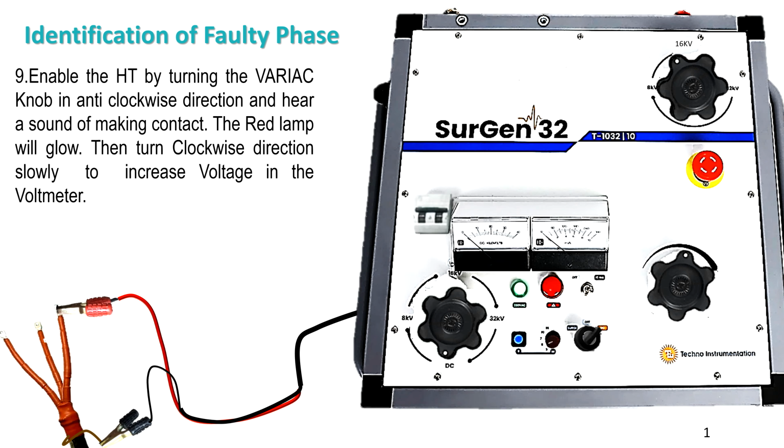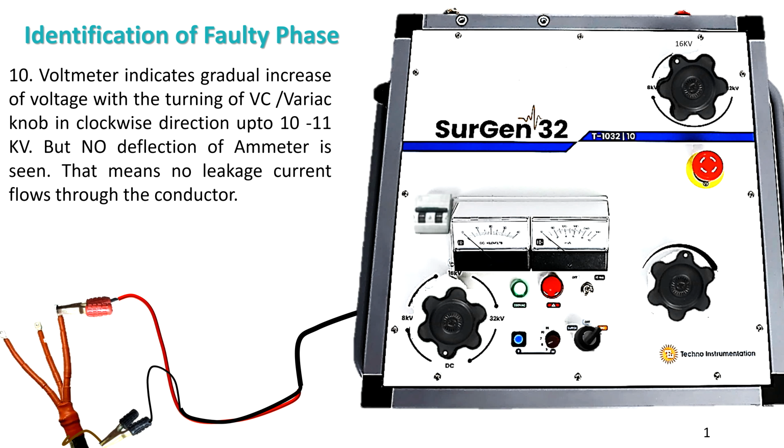Then turn clockwise direction slowly to increase voltage in the voltmeter. The voltmeter will indicate gradual increase of voltage with the turning of the variac knob in clockwise direction up to 10 to 11 kV, but no deflection of the ammeter is seen. That means no leakage current flows through the conductor.